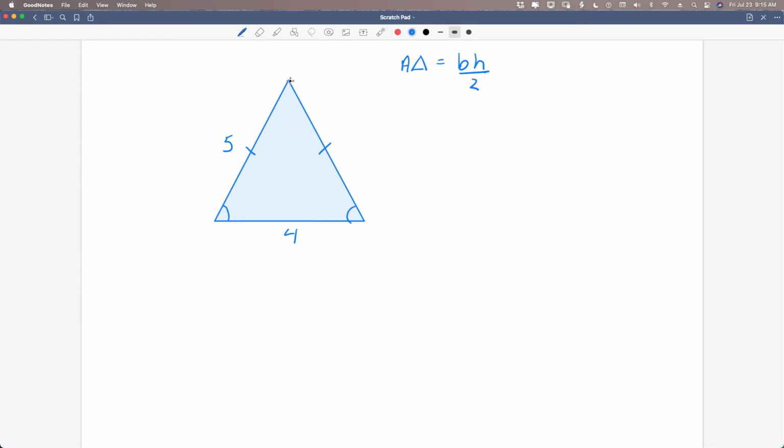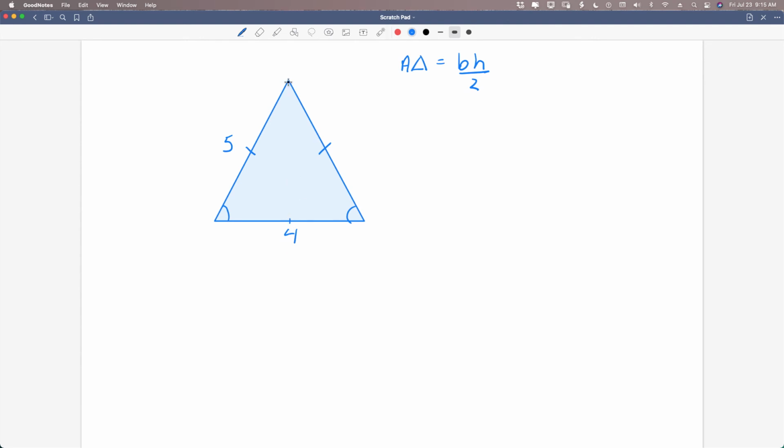Well, we know that because these are equal in the isosceles triangle, that this point is centered directly over the middle. We know that mathematically and geometrically because it has to happen that way because these are exactly the same length.